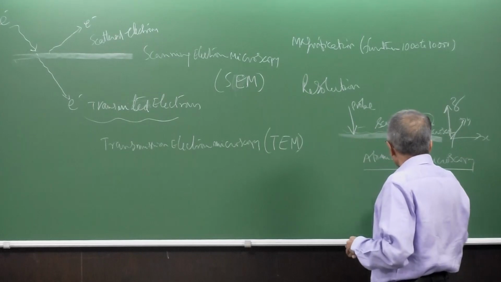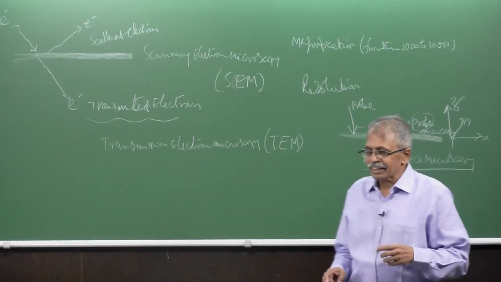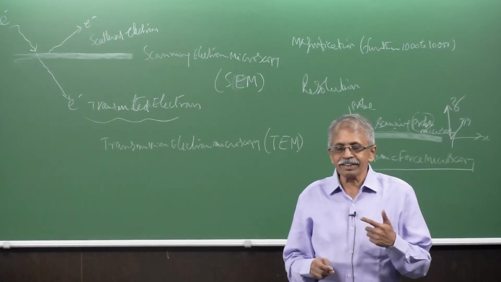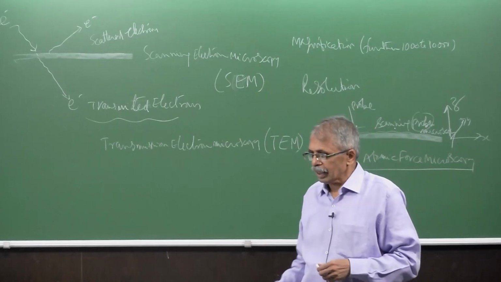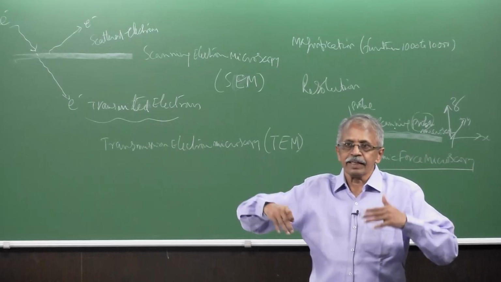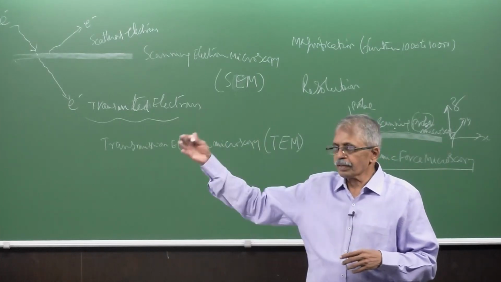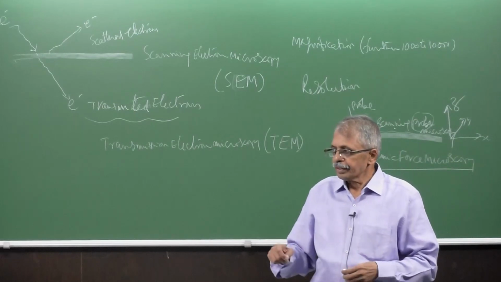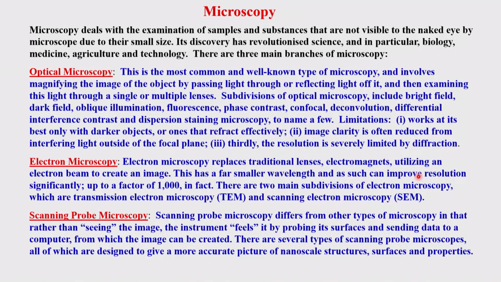Here you don't use electrons, you use just some kind of metal-based tip, which I will talk about a little later. Instead of seeing, it touches and feels and then gives the information to the receiver, and from the receiver you can get the data, and then combining the data you can get the picture, the image.